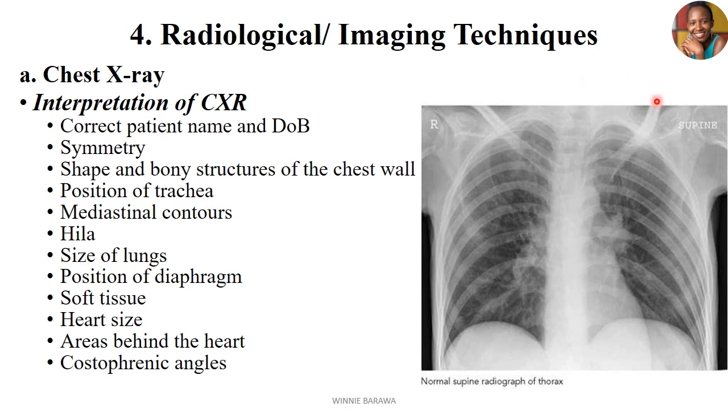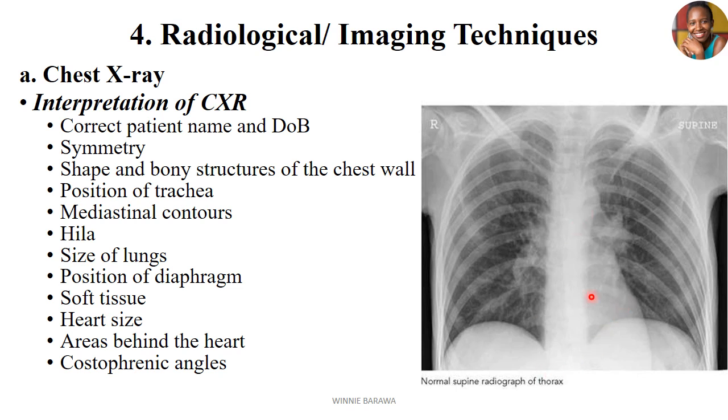Remember, the X-ray will produce for you the bony alignment of the ribs, the vertebrae, which sometimes you're also able to see, and the clavicle, best if you're checking it from the back, sideways, or front. Then look at the mediastinal contours, that is the mediastinum. How is it positioned? Are you able to see the alignment of the heart? Look at the hilum, look at the size of the lungs, and the position of the diaphragm.